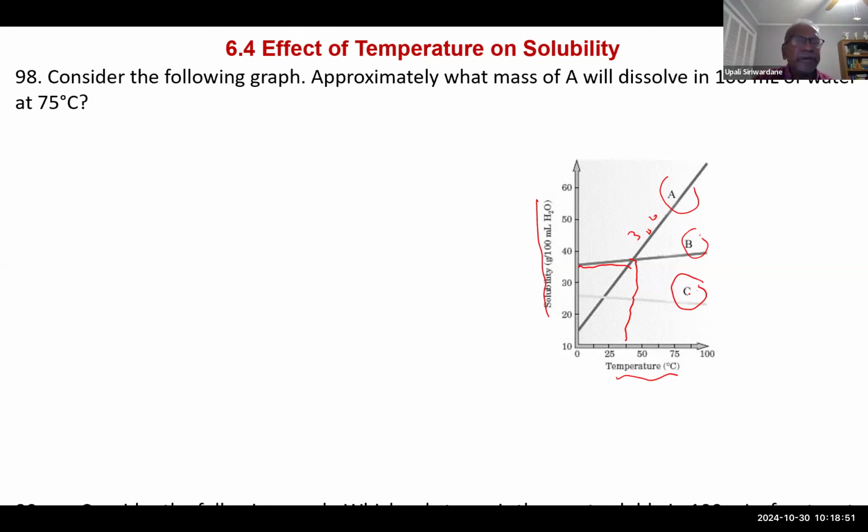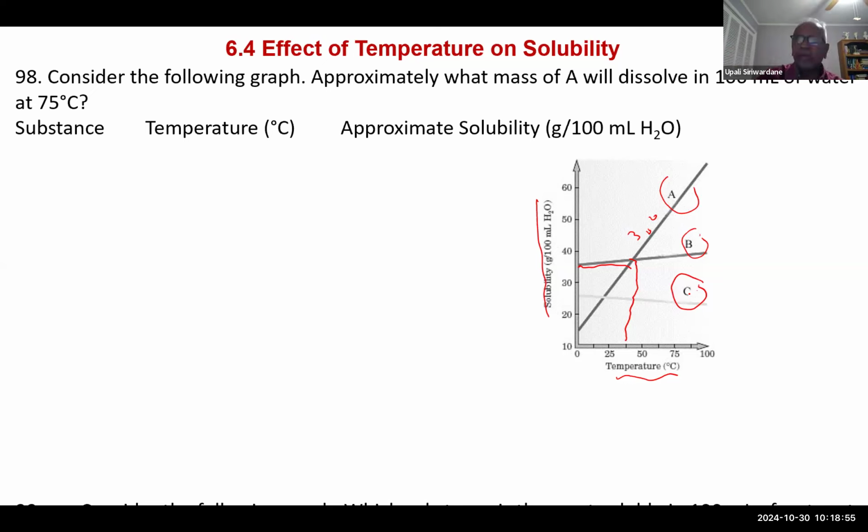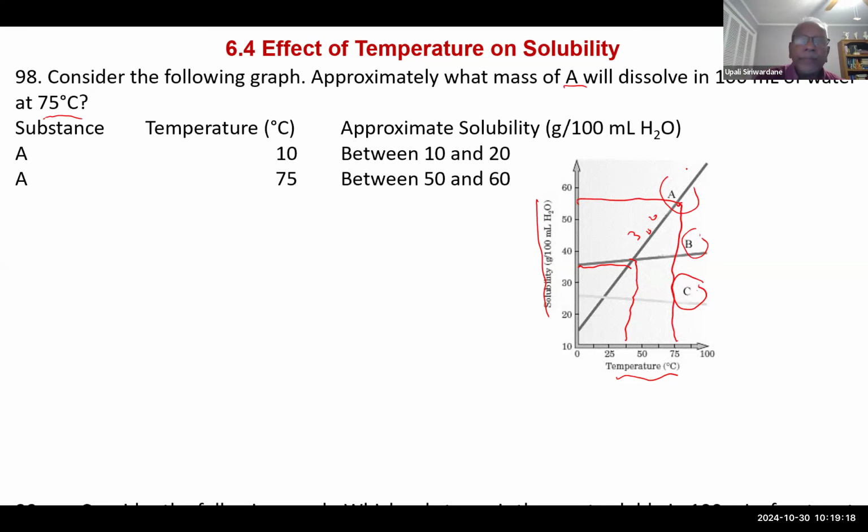So we normally look at solubility versus temperature diagrams. Now the question here is, at 75, what is the solubility of A? 75 is here. It's about 55, in the middle of it.